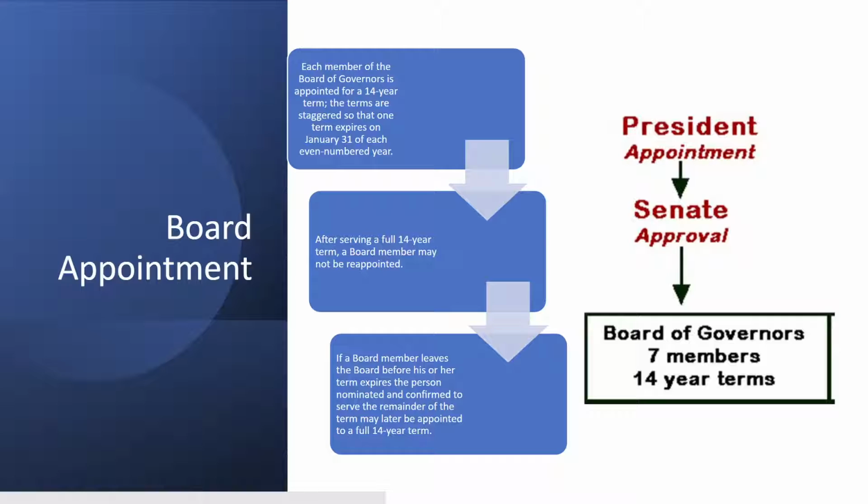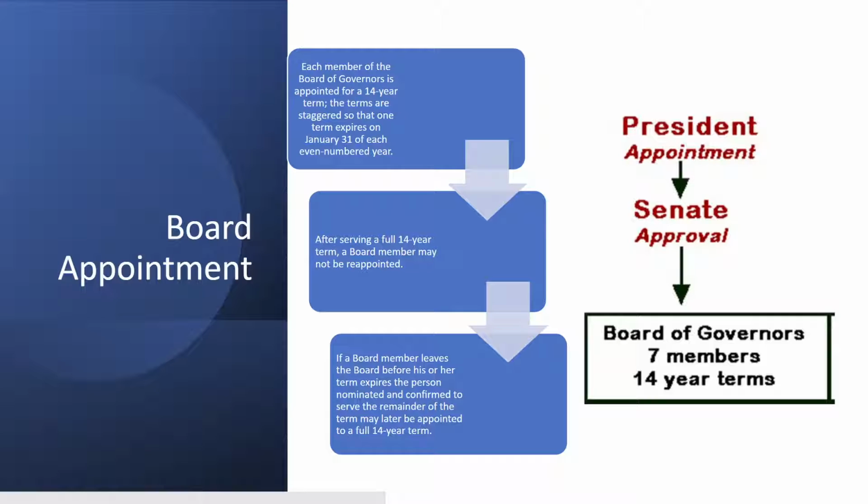If a board member leaves or dies or whatever before their term expires, another person can be nominated and then confirmed, and they can fill out the remainder of that person's term. And then that person could themselves be appointed to a full 14-year term.